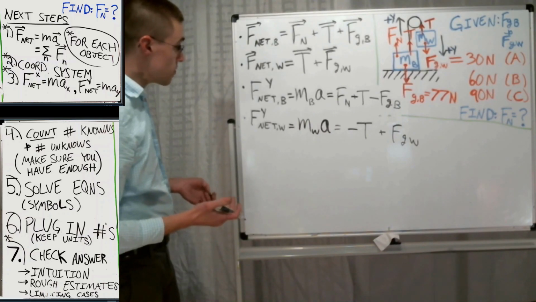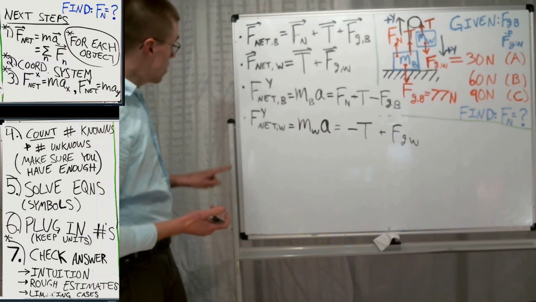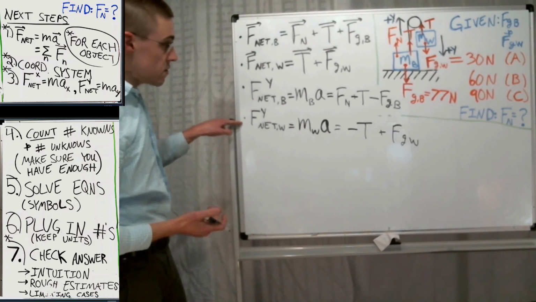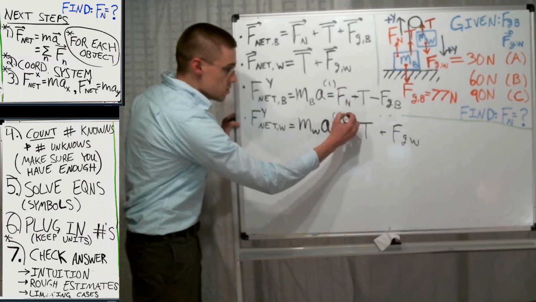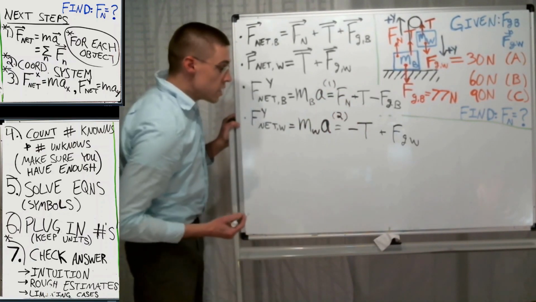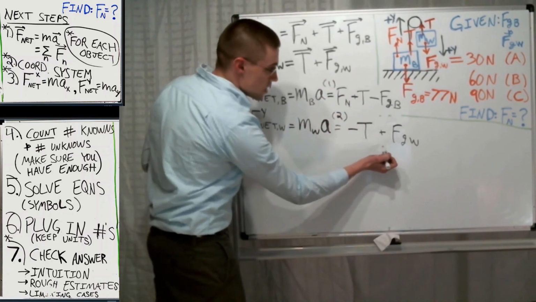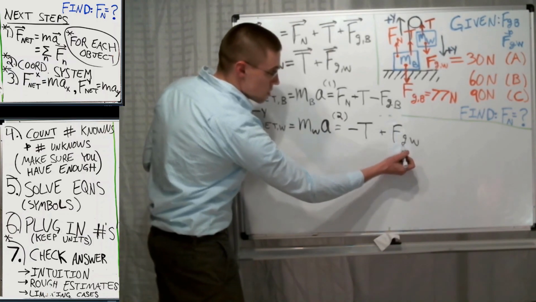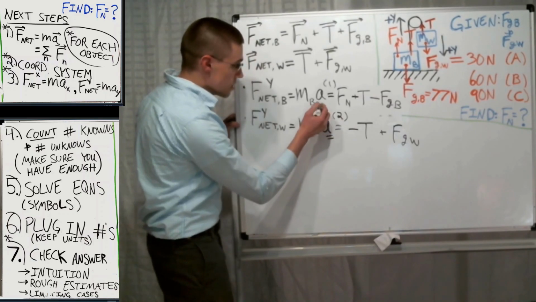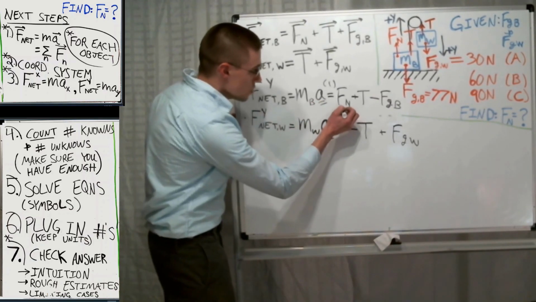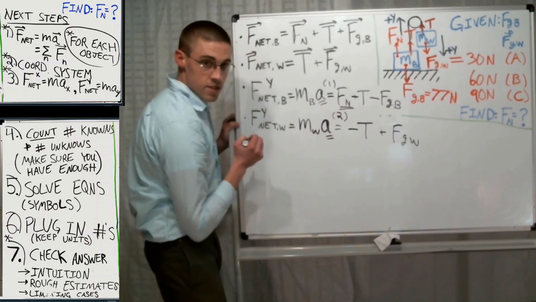Let's count the number of equations I have and the number of unknowns. So I have 1, 2 equations. I'll label them 1 and 2. And I have, well, let's see. This is known, right? The acceleration, that's unknown. The normal force here, that's unknown. That's what we're asked to find.